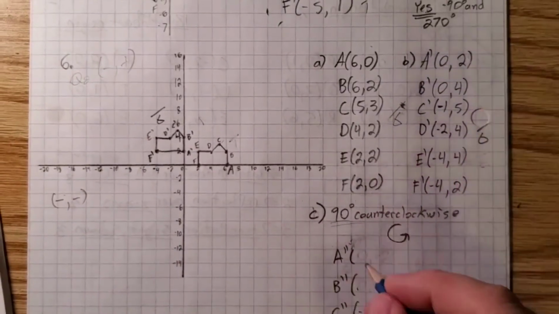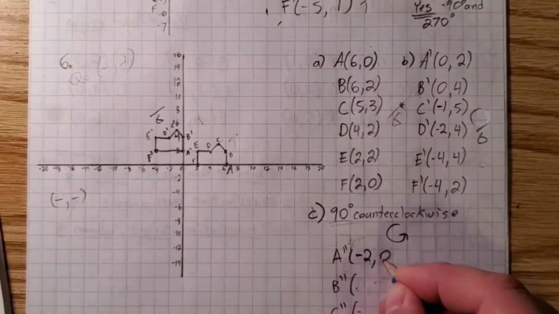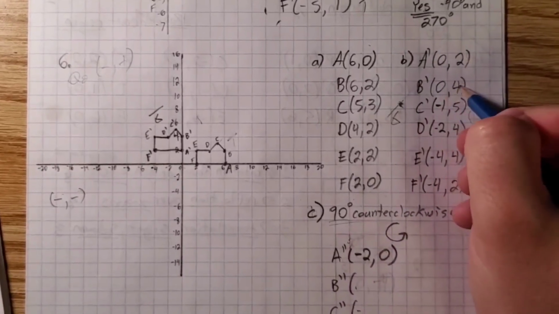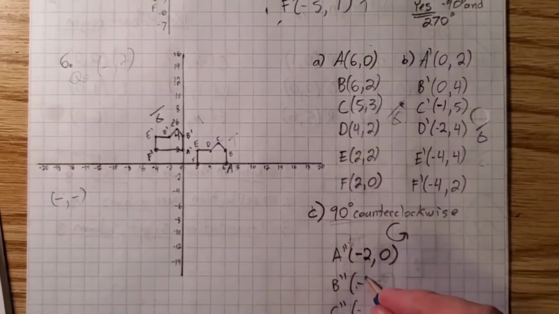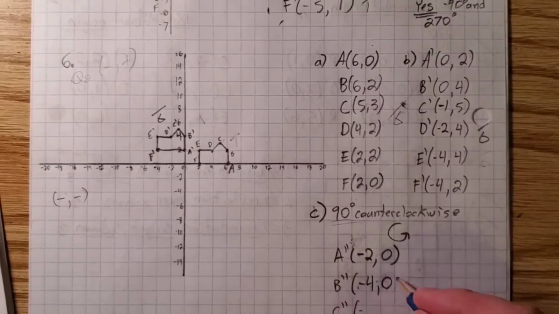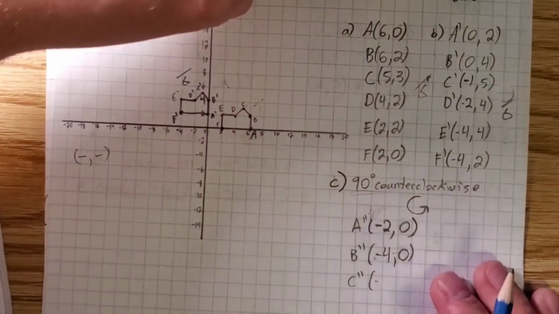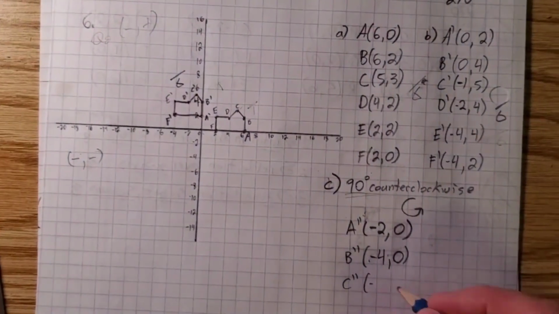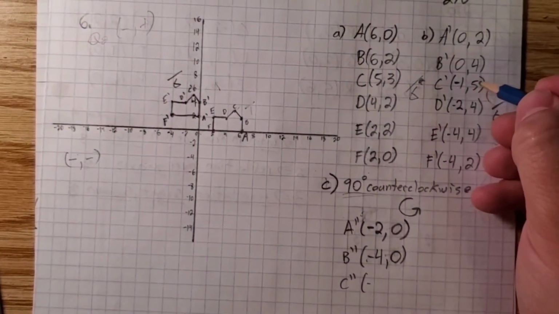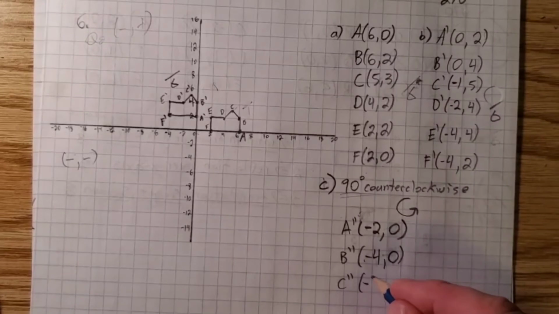So it's going to become -2, 0. It's going to become -4, 0. It's going to become -5 and keep that -1.